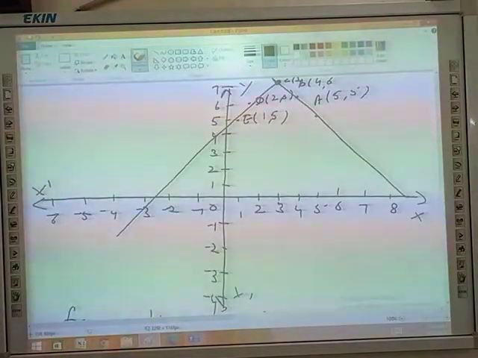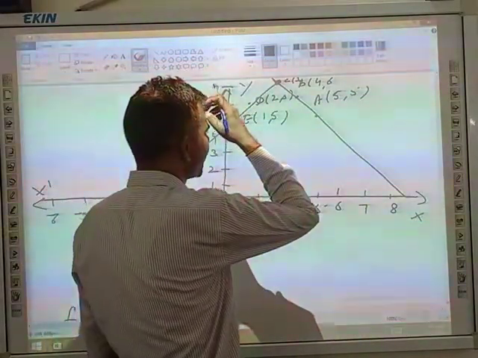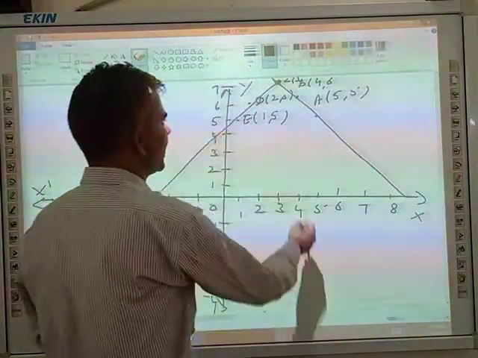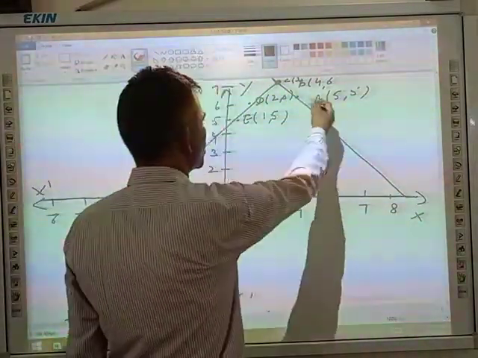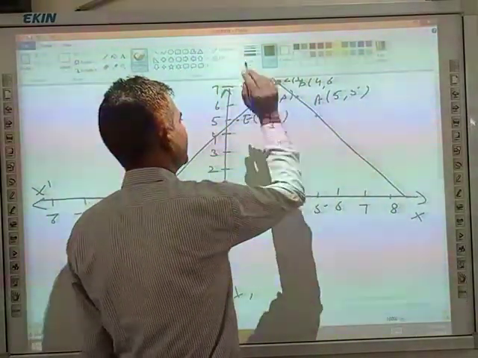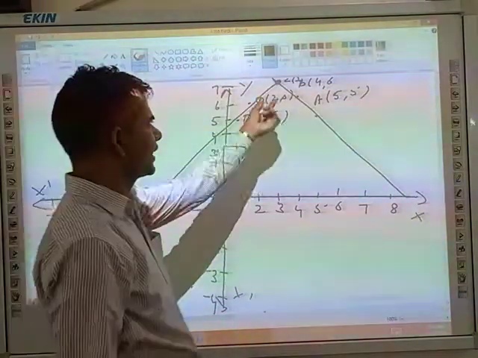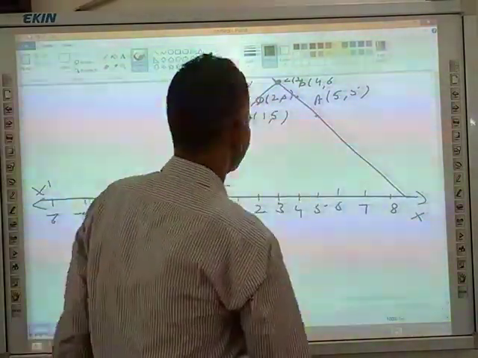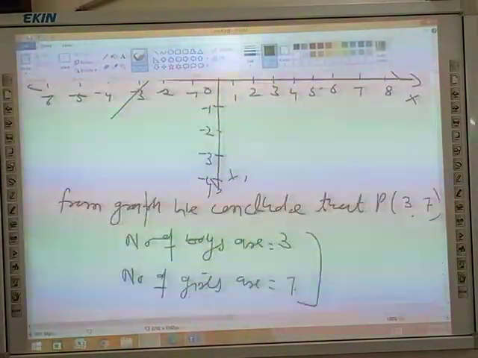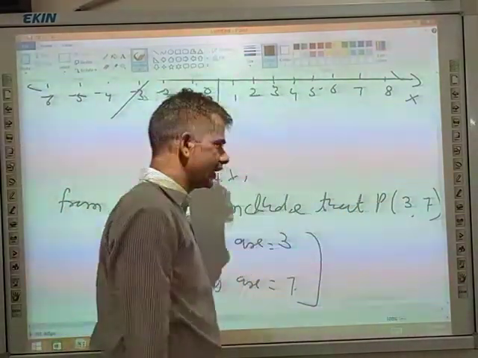Students, your graph will be an intersecting line graph. These graphs will intersect at point (3, 7). That is your A, B and C. That is your E, D and F. From the graph we conclude that the point is (3, 7).